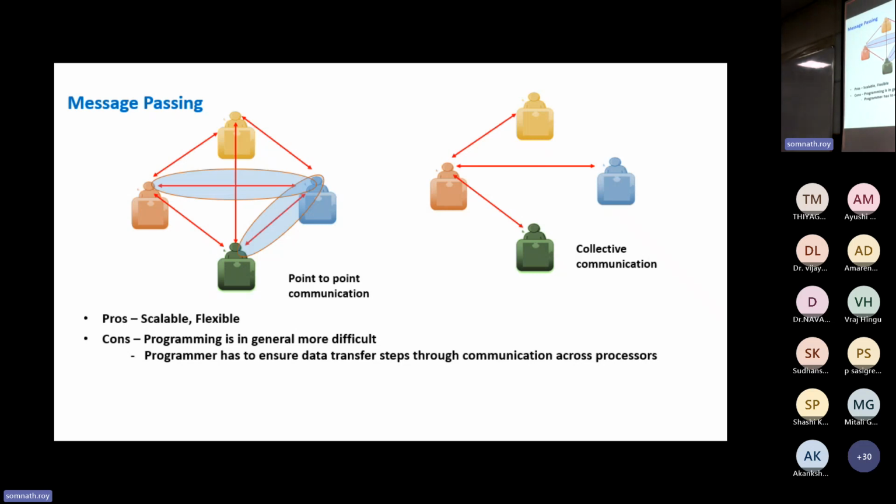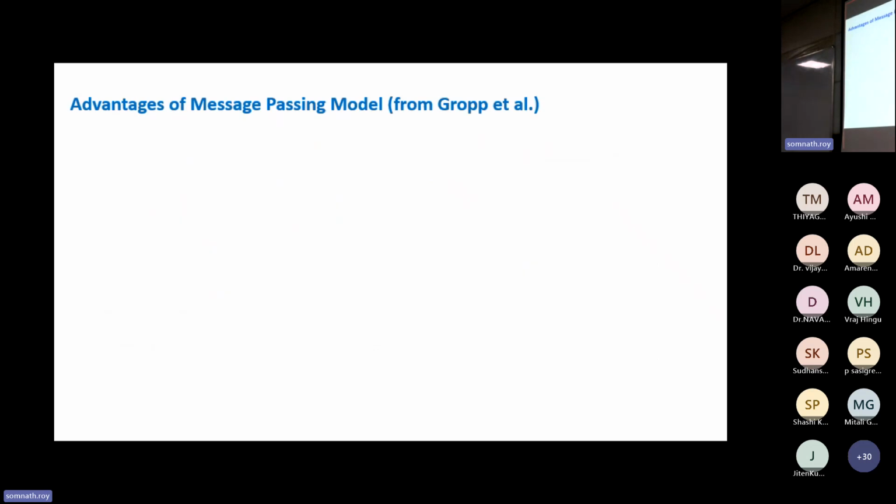Instead of transferring data between any two points, the data is broadcast to all. When you talk among yourselves, these two people are doing one-to-one communication. When somebody asks a question to the entire class, this is collective communication. So this feature is also collective communication.